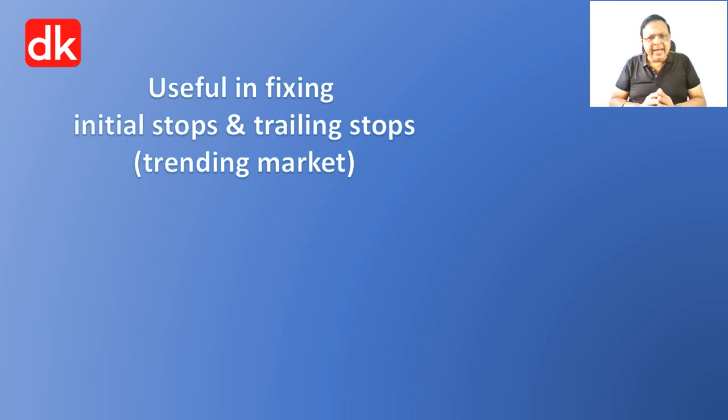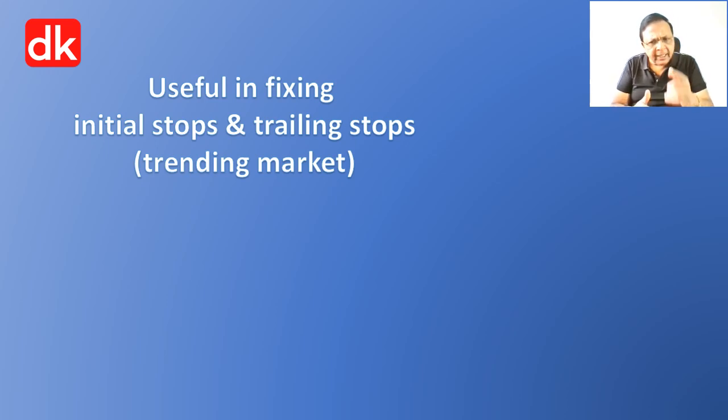So friends, this indicator is very useful to fix the initial stop loss and trailing stop loss, so that you can design a strategy to ride the trend. Now this is especially useful to those people who only understand how to identify the market phases and the prevailing trend of the market, but are not in a position to understand the finer details of the price action on the price chart.